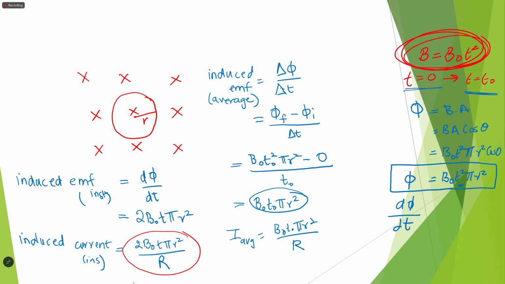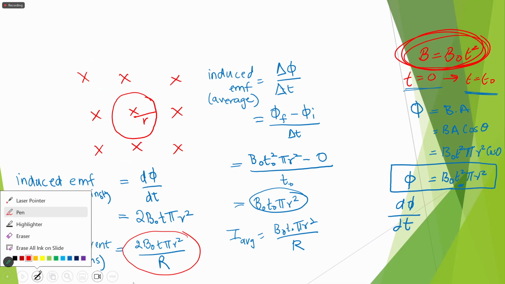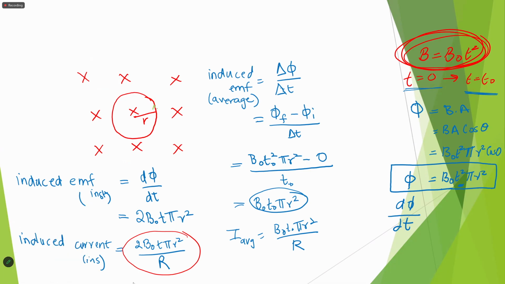Out of the screen, right? To produce a magnetic field going out of the board, what should be the direction of the induced current in this red coil? Counterclockwise, right? All of you are understanding? Anyone has a doubt here? It will go counterclockwise like this, and then the current will come out of the screen.